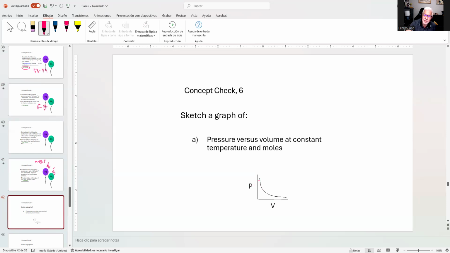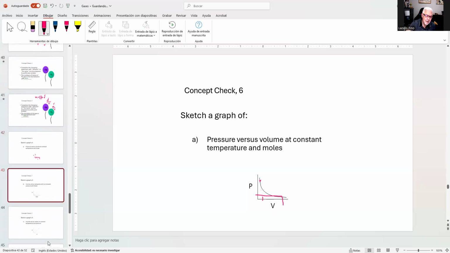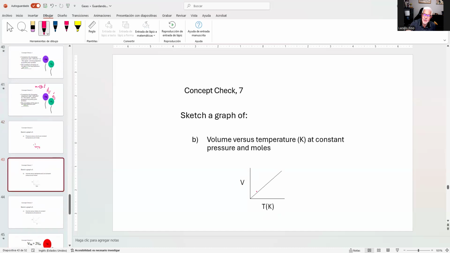When the pressure is high, the volume is low. And when the pressure is low, the volume is high. The volume and the temperature are directly proportional. When one increases, the other increases.